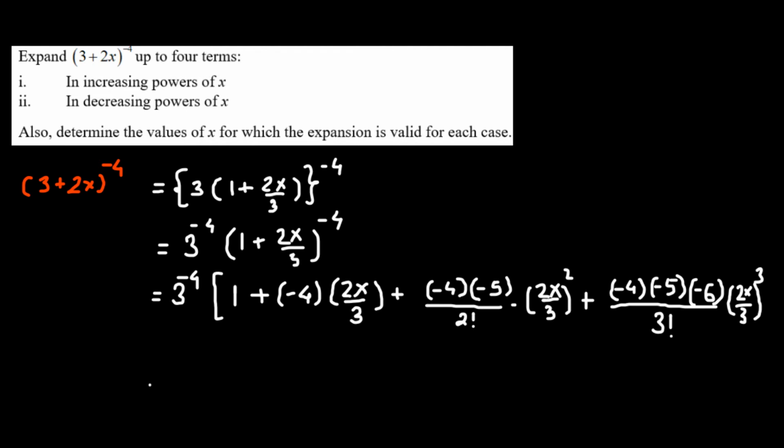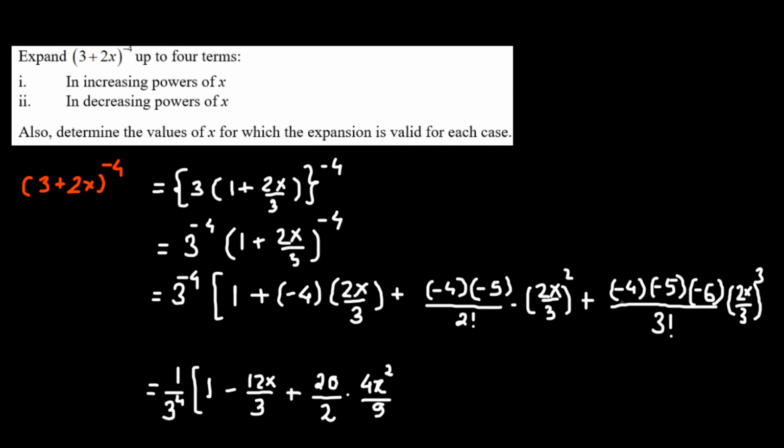Now we simplify the values. This will be 1 divided by 3 raised to the power 4 times 1. So -4 times 2 will give us -12, so we have -12x over 3. Then -4 times -5 will give us +20. So we'll have 20 over 2 factorial, which is simply 2, times 2x squared will give us 4x squared, divided by 9.